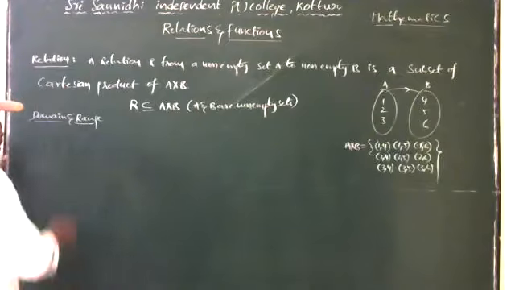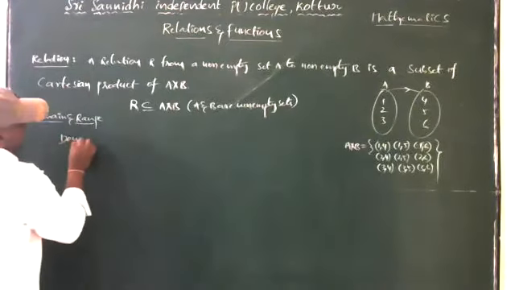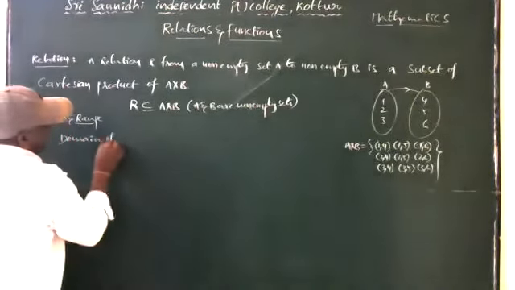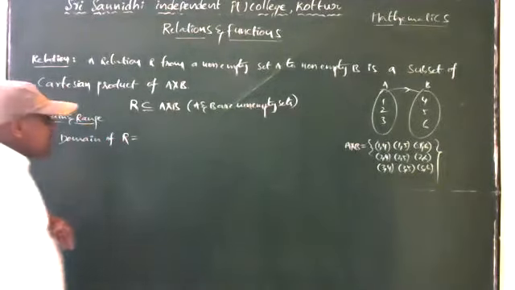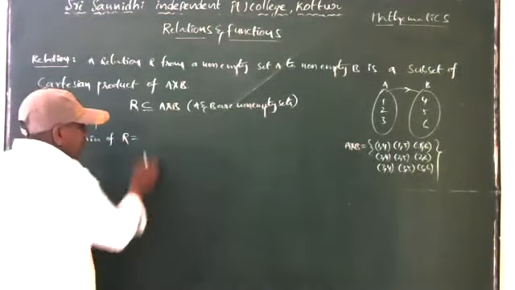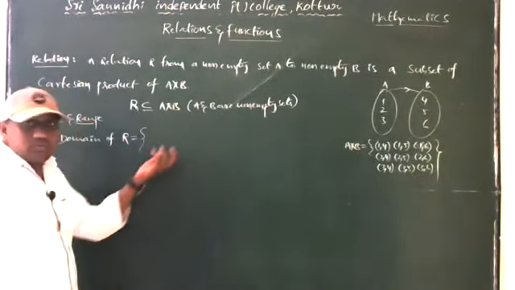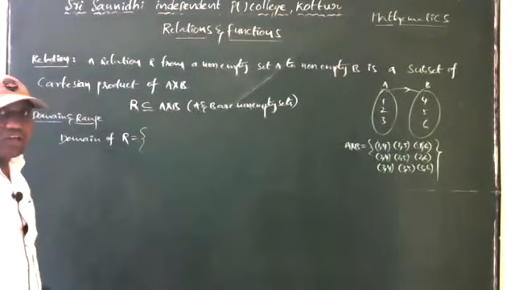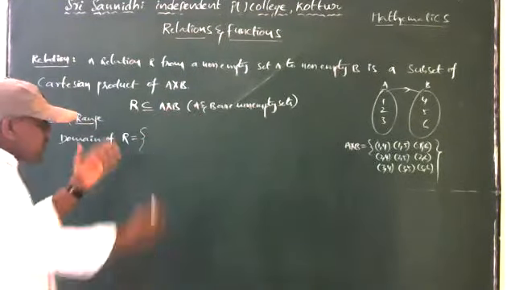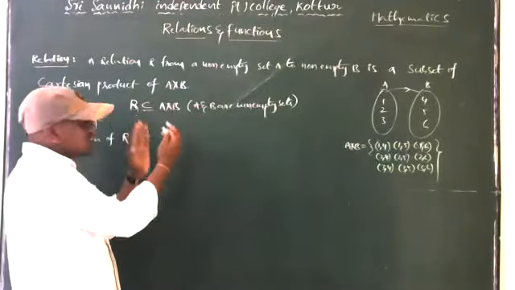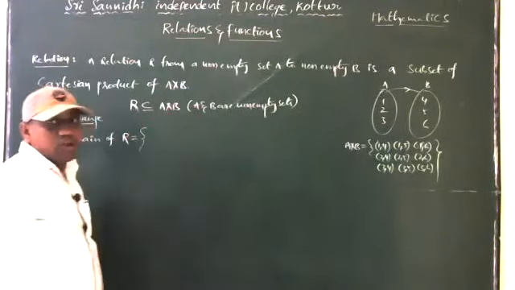First of all, domain of any relation is equal to all first elements of the relation, all x coordinates in the ordered pairs, all x values, all first set values are called the domain of the relation.